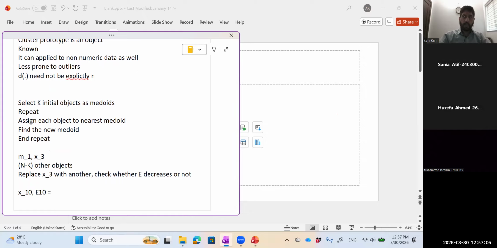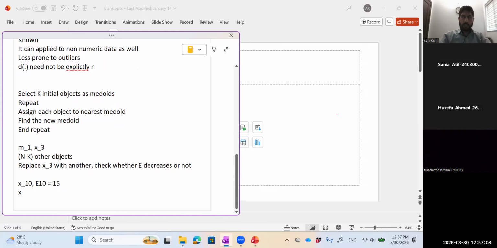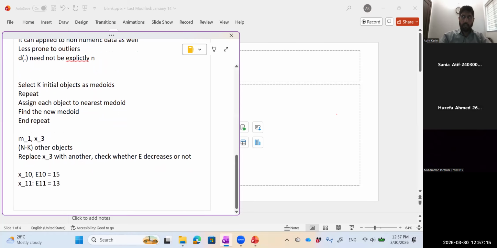So in other words, let me say कि हमारे पास जो candidate है X10 है, इसका error मेरे पास E10 से आ रहा है, let's say 15 आ रहा है, और एक मेरे पास X11 है, इसका error 13 है, और X15 है, और इसका error let's say 18 आ रहा है. ठीक है? तो सबसे थोड़ा error किसके साथ आ रहा है? ठीक है? तो X11 का error 13 आ रहा है. बाय द वे X3 के साथ error हमेशा ज़्यादा ही होगा, वो मैंने लिखा नहीं है. सो X3 का भी लिख दूँ.